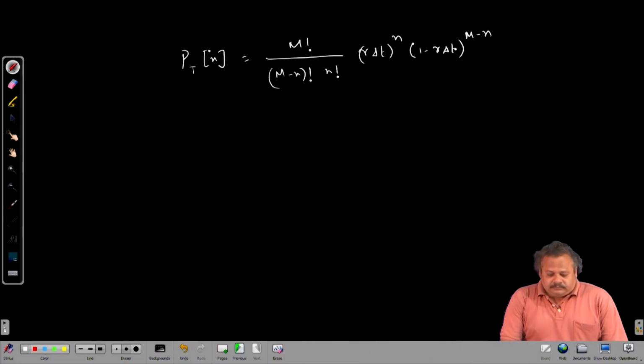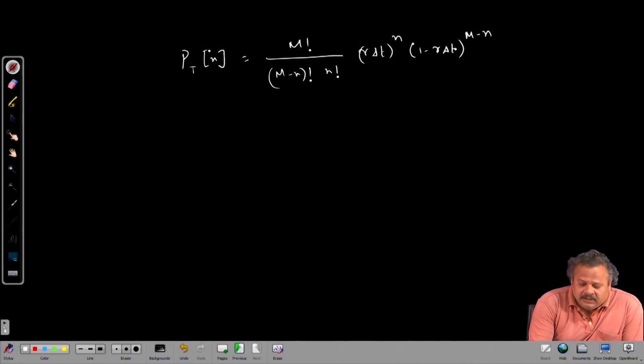r. So, now if we consider the case where delta t goes to 0, in fact this P_T(N) is when we have this limit delta t goes to 0.